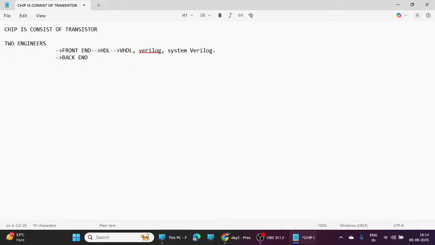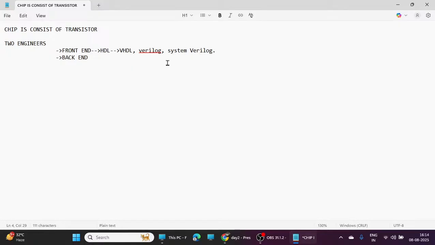The syntax of C and the syntax of Verilog and SystemVerilog are mostly the same, but the difference is in structure, how they use it. I will explain in the upcoming slides.